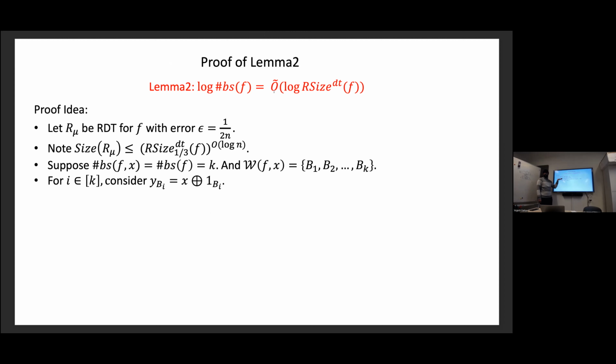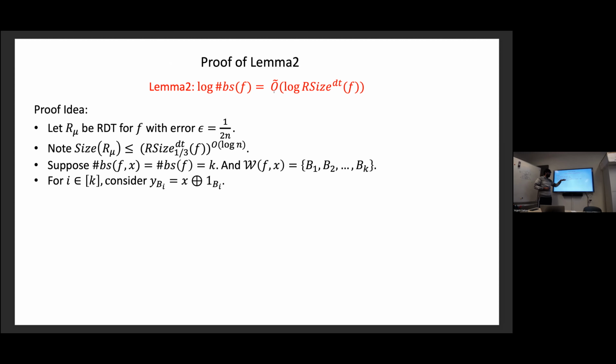And that would imply our result, because if I prove that this size is omega of block number, then if you take log on both sides, you'll get that log of block number is upper bounded by log of R size times log n. So essentially, if I just prove that this size with error parameter 1/2n is lower bounded by block number or some constant fraction of block number, then I'll be done.